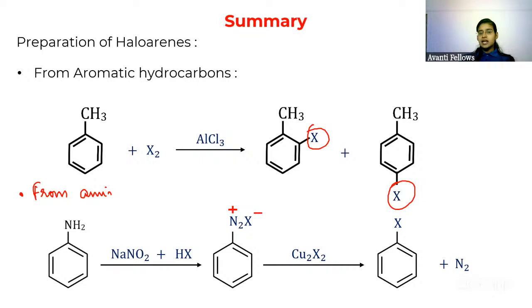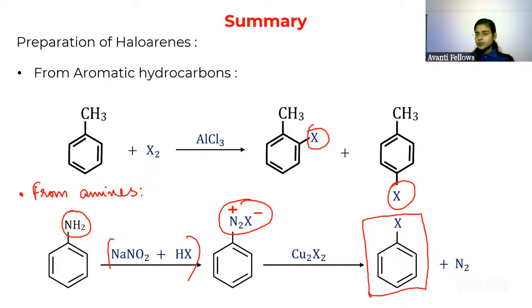The nitrous acid mixture is used and converts NH2 to N2X, and later it is treated with a copper salt, leading to the formation of the haloarene with the release of N2. So this is all about the preparations of haloalkanes and haloarenes.